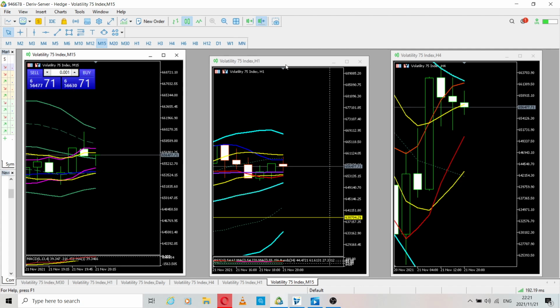Some pairs you'll have re-entry, extreme, MLV more than others. On VIX 75, you will also have a re-entry, extreme, re-entry. While on the pairs, the re-entry, extreme, re-entry is not there. Even if you see it, you don't take it, because it never materializes, it never moves.